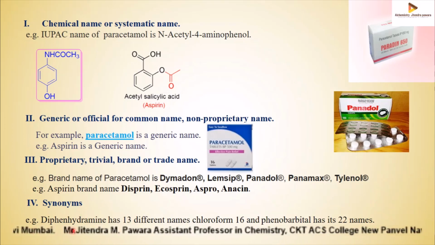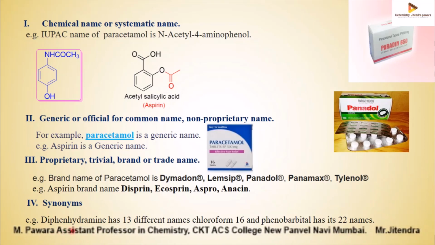Then synonyms. What are synonyms? These are the names given by manufacturers to the same drug, or old proprietary drugs, old non-proprietary drugs. The same drug can have several names.